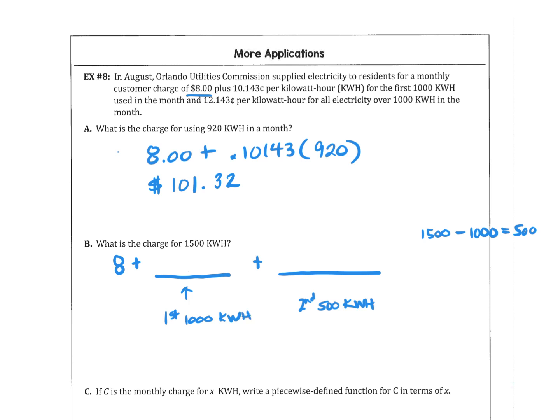So what is it going to cost us for 1,000 kilowatt hours? We just did this. 1,000 times what? 0.10143. What's it going to cost us for the next 500? What's the charge for the next 500 according to our problem?